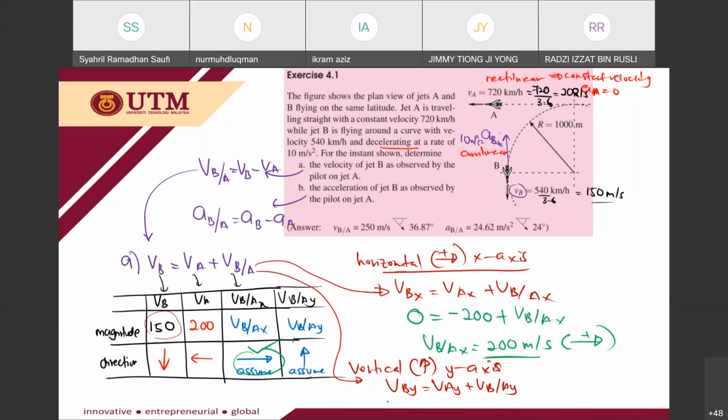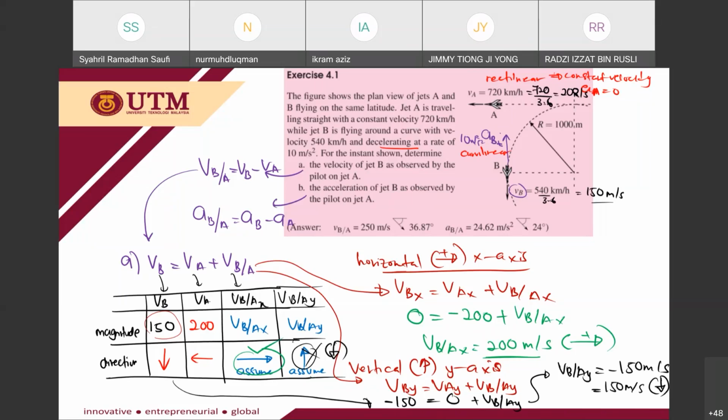So VBY is negative 150, from this table, and then VA is 0 plus VBAY. From this calculation, I obtain VBAY is negative 150 meter per second, meaning the assumption that I made here is wrong. So it is actually 150 meter per second downward.